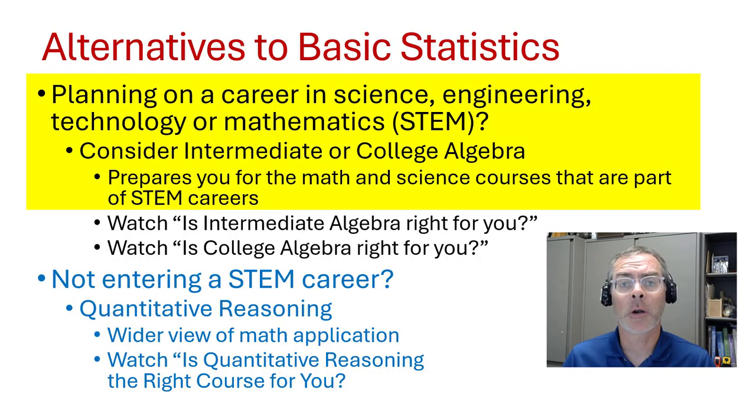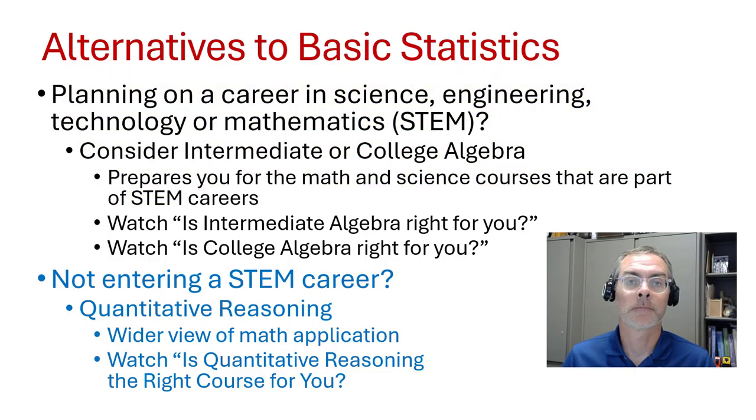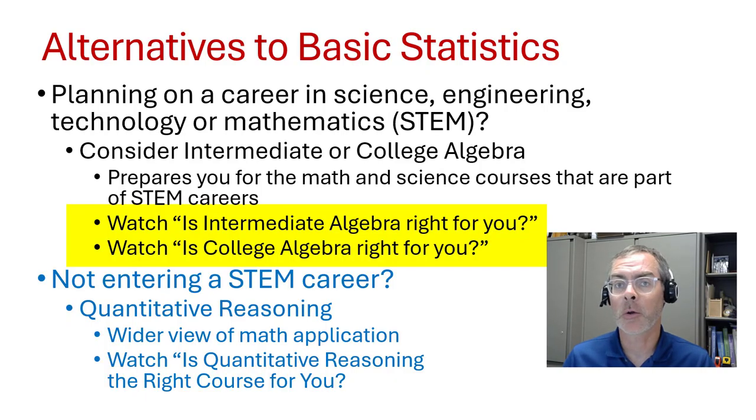If you're planning on a career in science, engineering, technology, or mathematics, we often call those STEM careers, then you might want to take Intermediate Algebra or College Algebra. Those courses will help prepare you for pre-calculus and calculus and beyond, and many science courses. If you're not sure what level of algebra you'll be comfortable with, you can watch the similar videos to this one on is Intermediate Algebra the right course for you, or is College Algebra right for you?